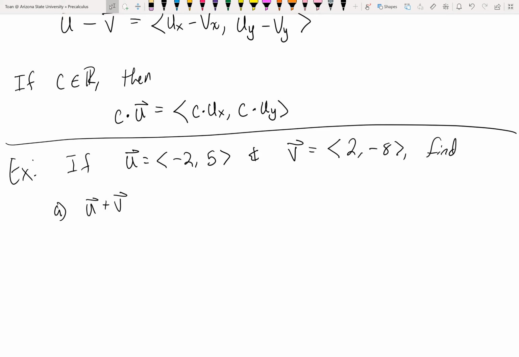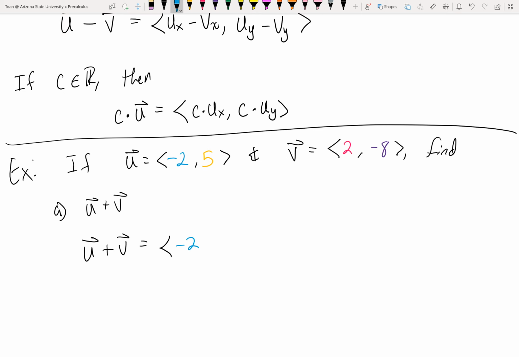Well, that's easy. Let's color code these. Just for the notes, I'll color code them so you can see what's going on. So that's blue, yellow, whatever this color is, red or pink, and whatever this color is, purple, -8. So to do U plus V, just add the x's.